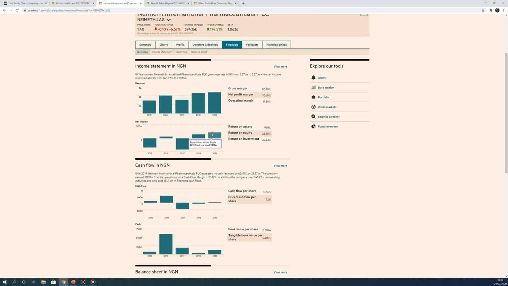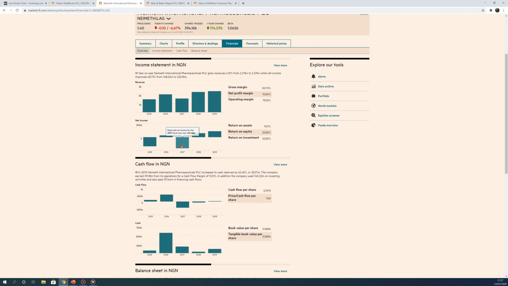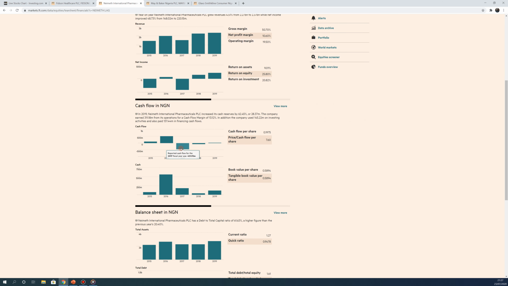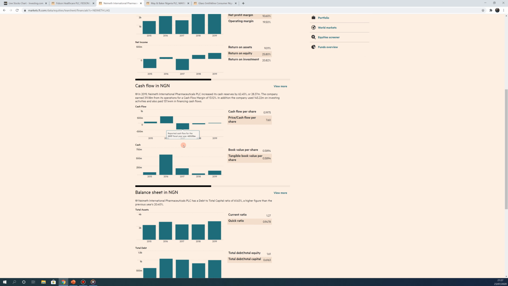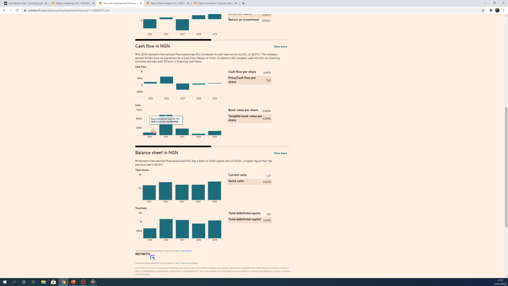Okay, but not really bad. It's growing for the past 2 years. Cash flow is negative apart from last year. This is not consistent as well. The cash is dwindling, but we have 121.